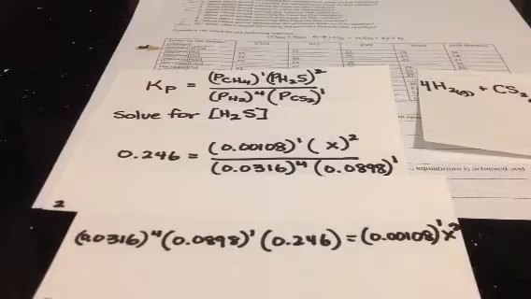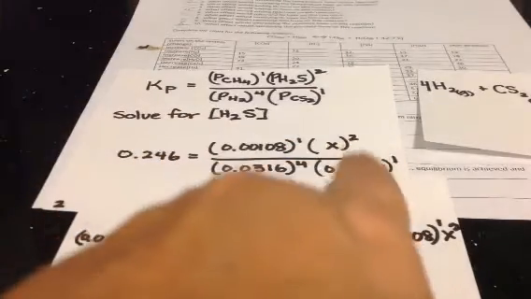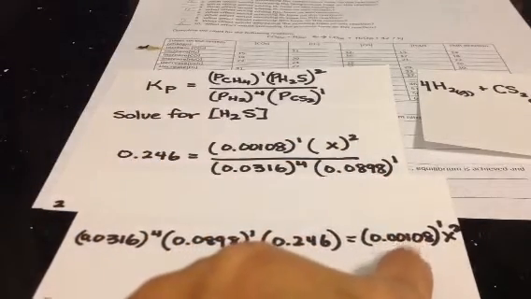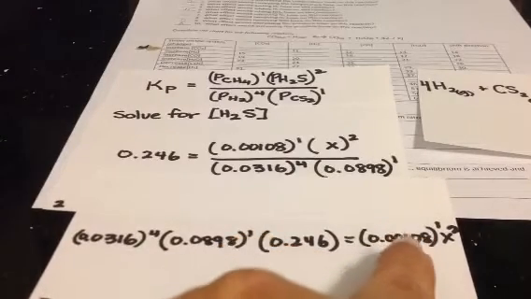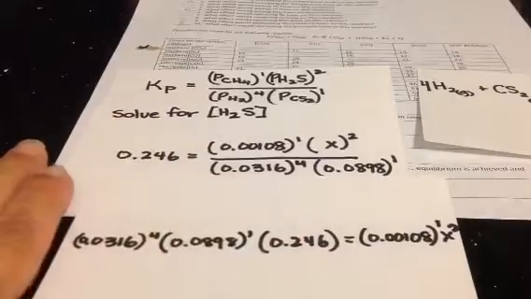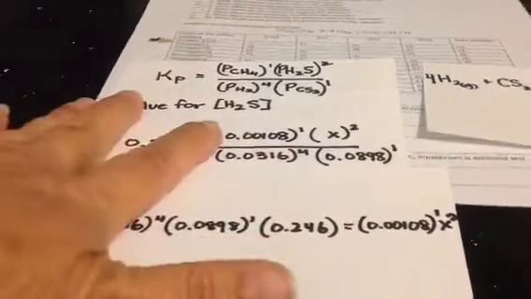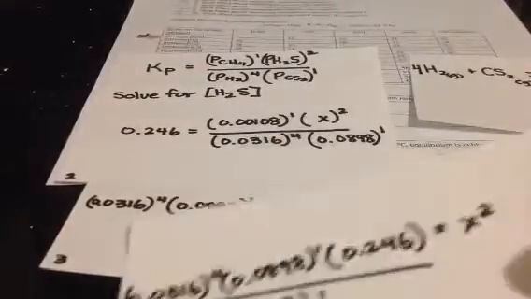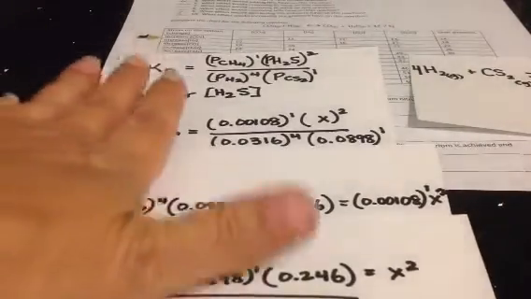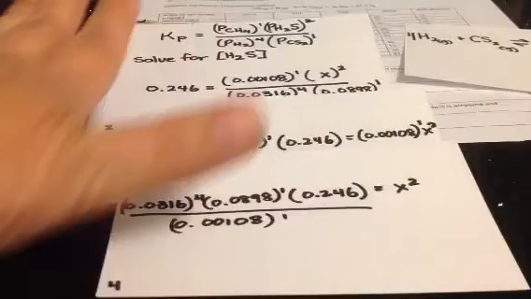Okay? Then I have to still get x alone. So what's keeping x from being alone? That guy is keeping x from being alone. So both sides of this equation have to get divided by the 0.00108. So now my equation looks like this.